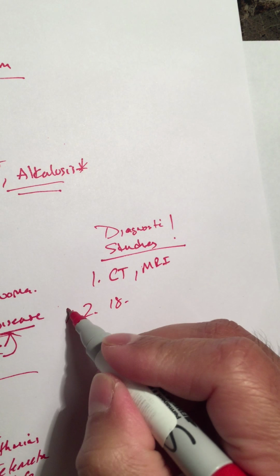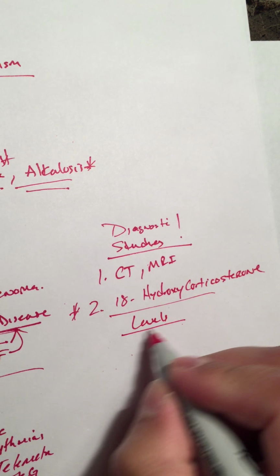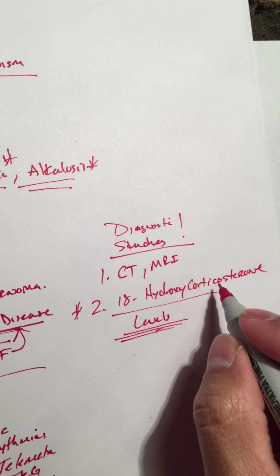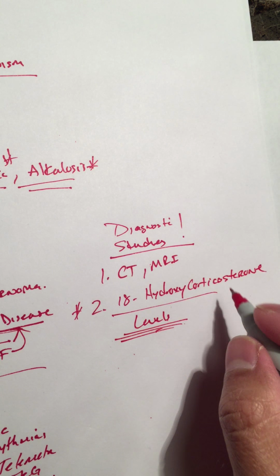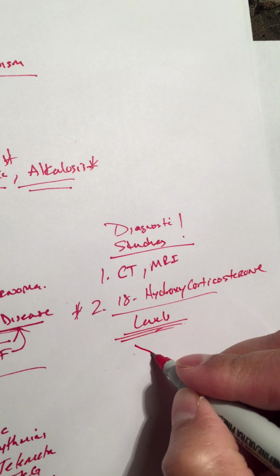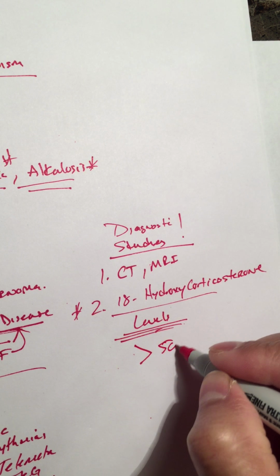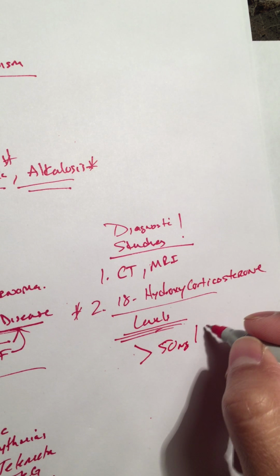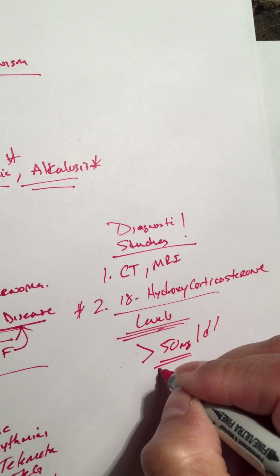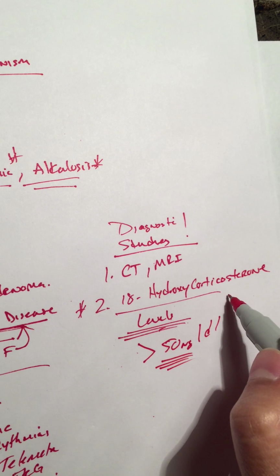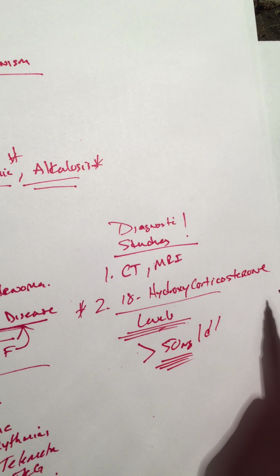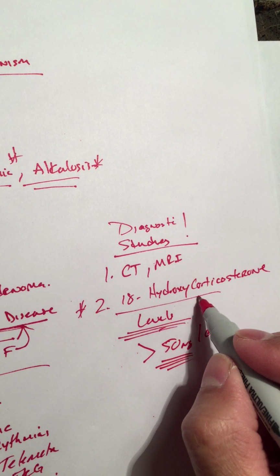So again, 18 hydroxycorticosterone levels. You will check for these levels, and these levels will be increased. So these will be greater than 50 nanograms per deciliter. So anything above 50. Now again, this is going to be very specific to hyperaldosteronism.